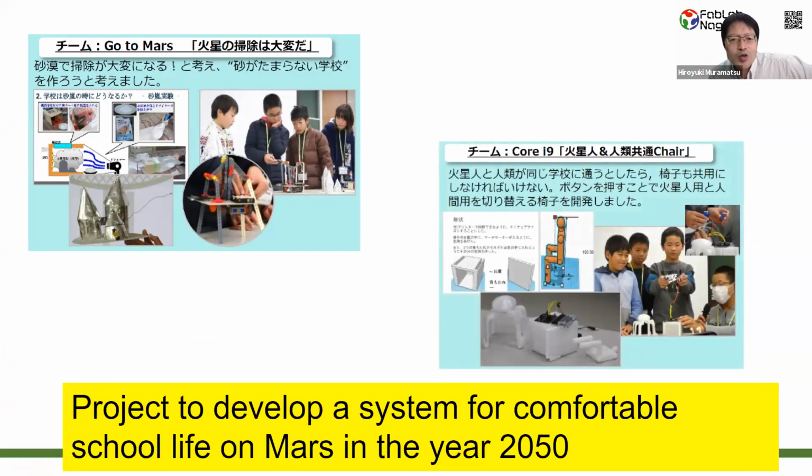This project is to develop a system for comfortable school life on Mars, started in the year 2015, and it continued three years later.